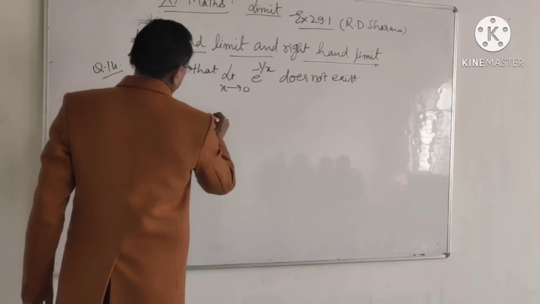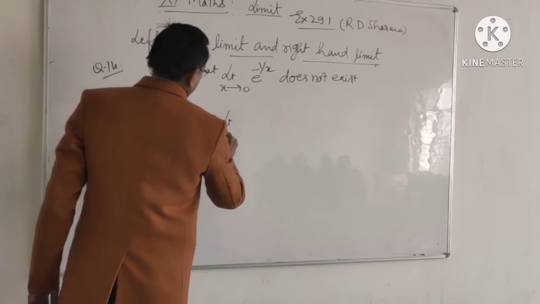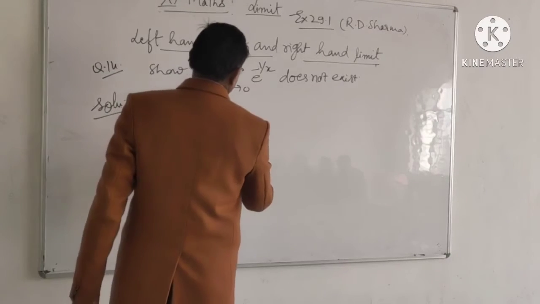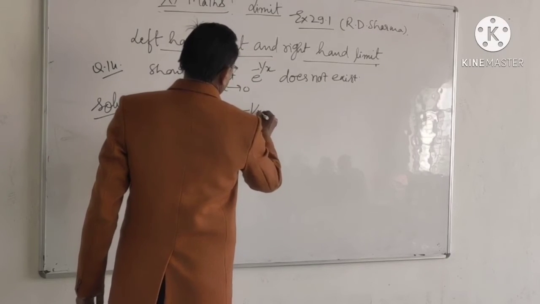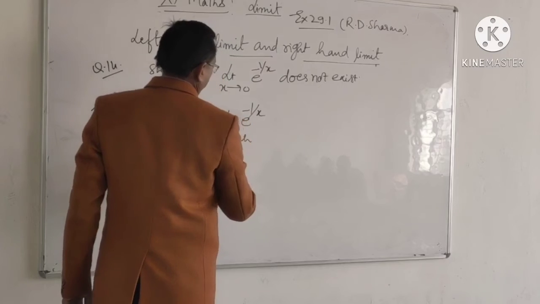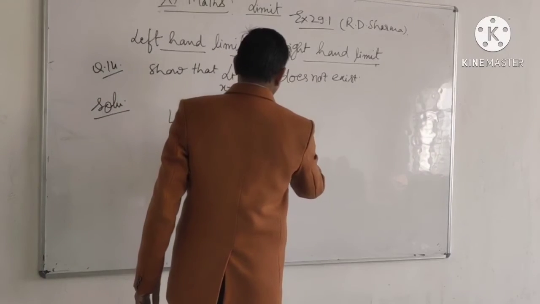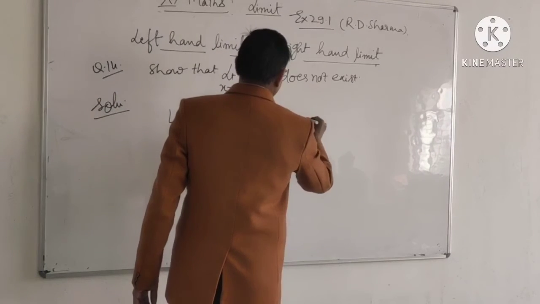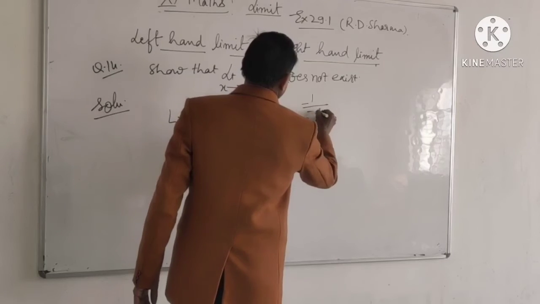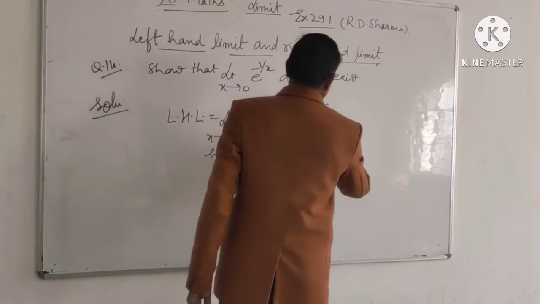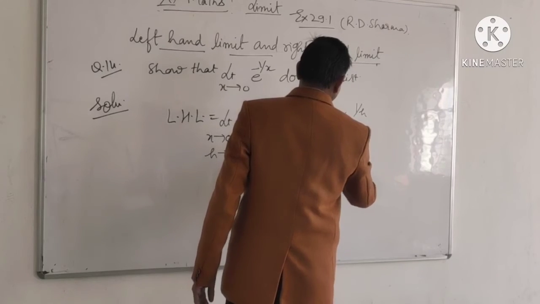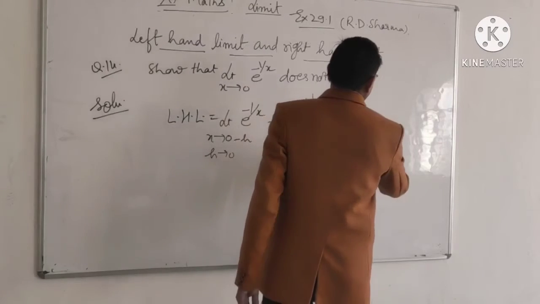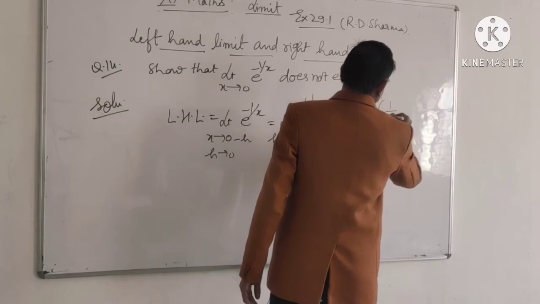Left hand limit is limit x tends to 0 minus h, h tends to 0, of e power minus 1 upon x. It is limit h tends to 0 of e power minus 1 upon minus h, the minus signs cancel. Then e power 1 upon h, limit h tends to 0. It will be e power 1 upon 0.